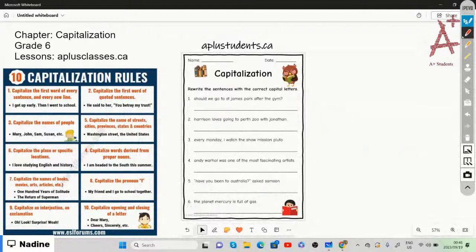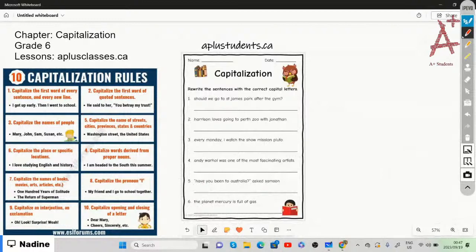And just to recap again, remember we said that with capitalization, we capitalize pronouns and words at the start of every sentence or the start of a next line. Words in quoted sentences, we capitalize. We capitalize names of people. And once again, we capitalize the pronoun I. If the i is in the middle of a word, we don't capitalize it.